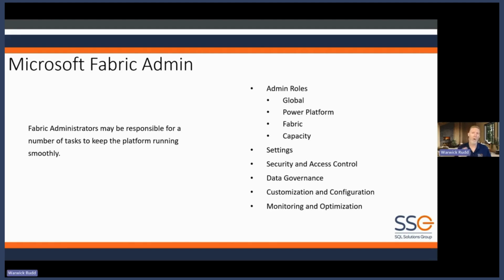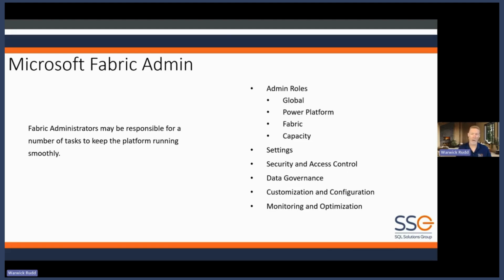So from that administration side of things, we need to understand how we go about managing this environment. From an admin role, there's a couple of different roles that you may be granted. We mentioned these a couple of slides back, around what role you need to enable Fabric in your organization.